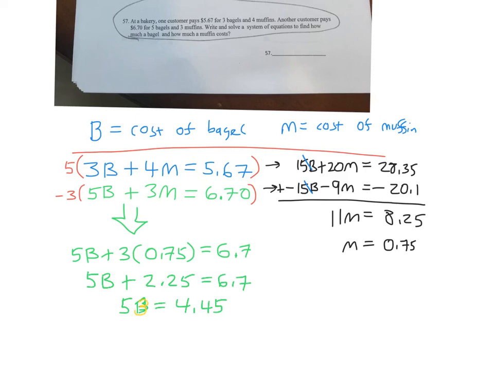I'm trying to make it look nicer and actually making it look worse. Then we divide both sides by 5, and that gives me 0.89, I'm pretty sure that's right. So 89 cents. That should be the answer, unless I made a careless mistake, and I don't think I did, because those are reasonable monetary values. All right, so that's how you do that one.